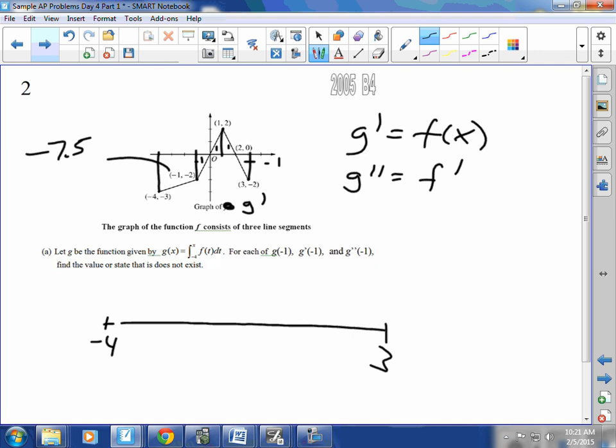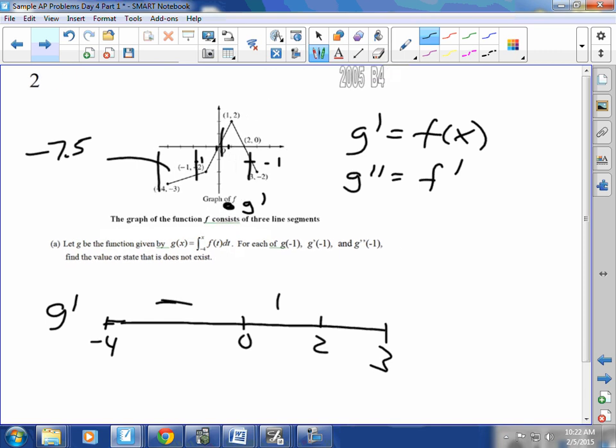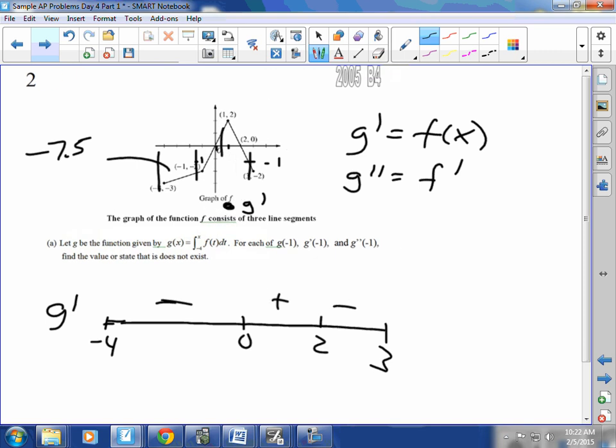And where does g prime equal 0? This is g prime, so I should label that sign test. What are the signs that go with this sign test? Negative, positive, negative.